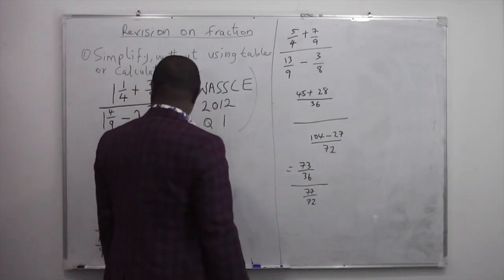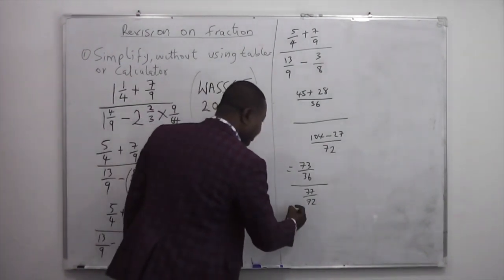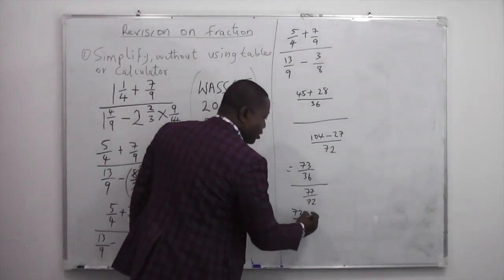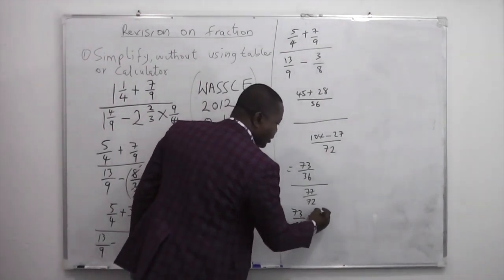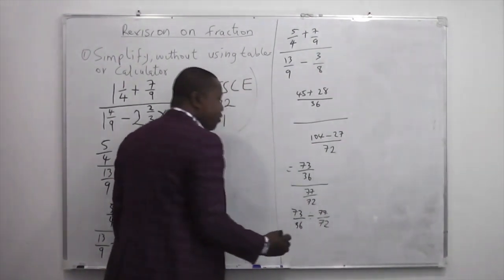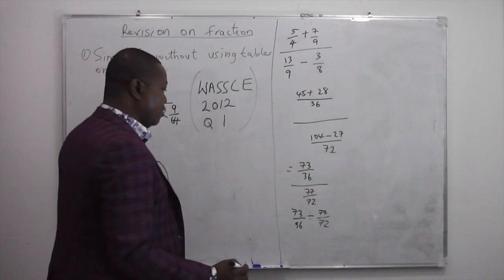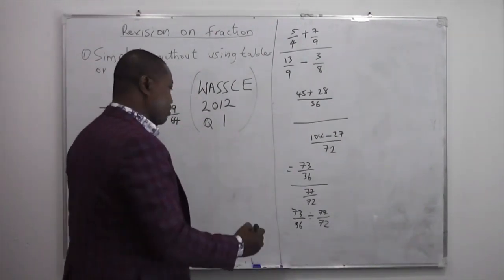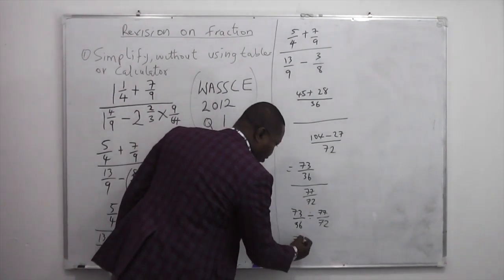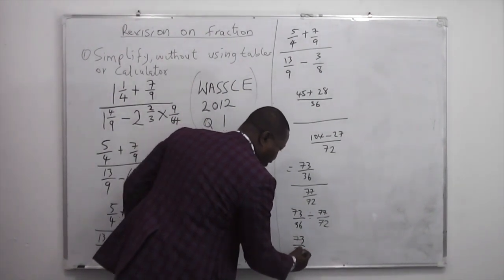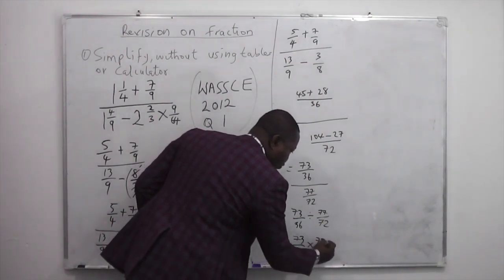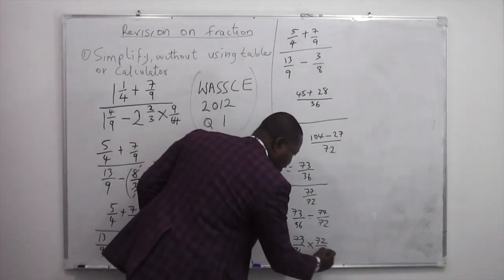So you will now write it like this: 73 over 36 divided by 77 all over 72. Now when you are dividing by another fraction, you do what we call inversion. So I'm going to invert this divisor. That will give me 73 over 36 times 72 all over 77.